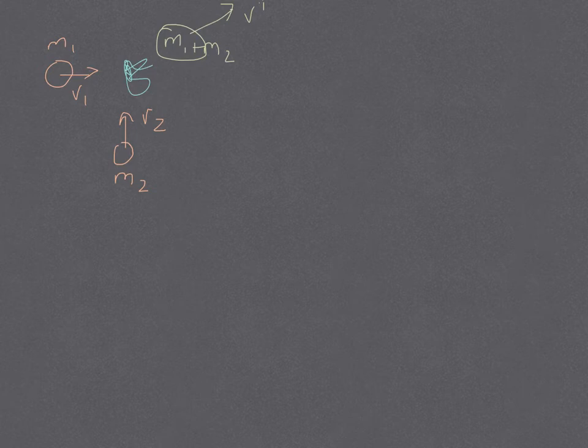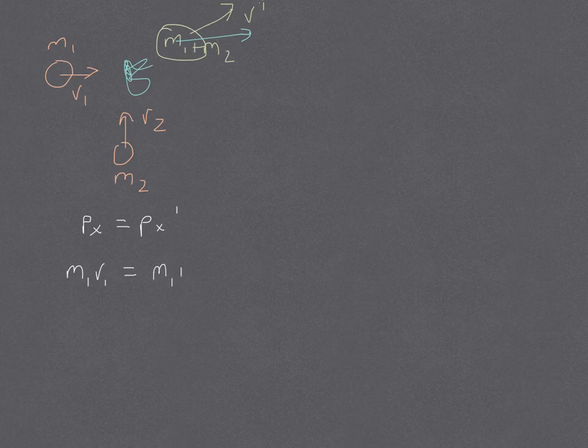If we set it up the same way, the x momentum has to equal the final x momentum. In this situation, only one of them before the collision is moving left and right, so the total momentum of just the first object has to equal only the x component momentum of that object. So it'll be m1 plus m2 times that final velocity, but the cosine of theta is still there.